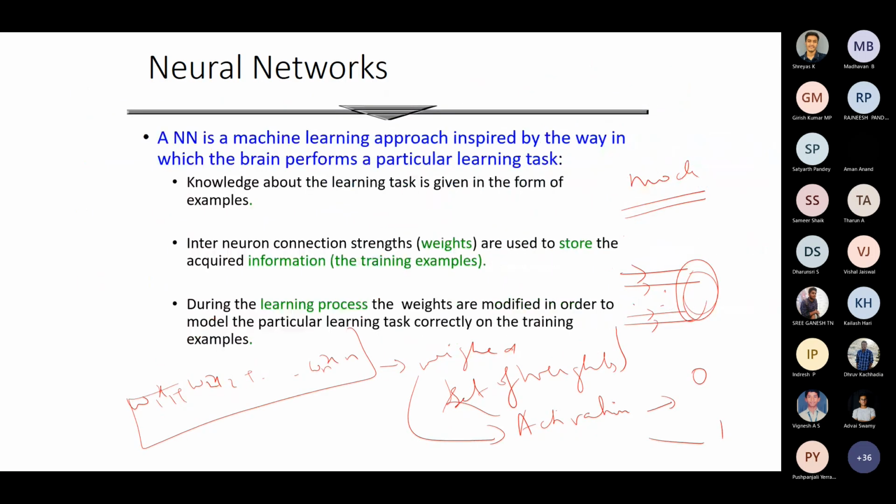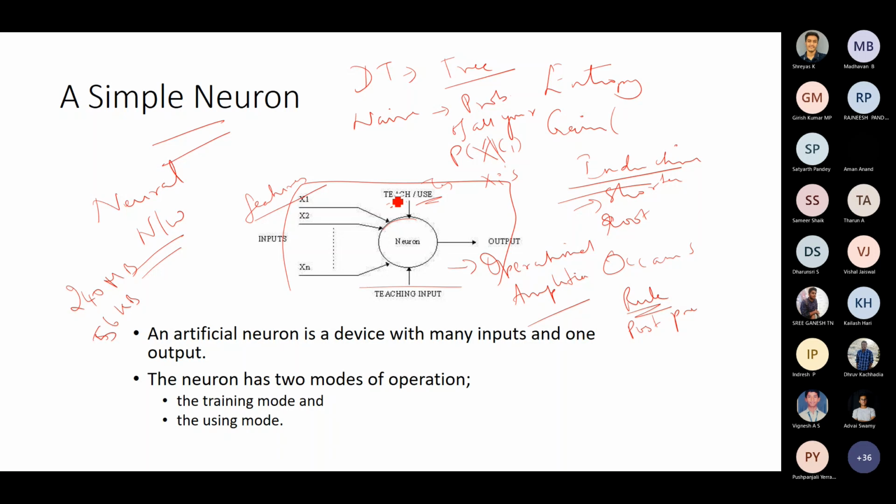So the simple neuron is basically looking like this. It's got a neuron. This is nothing but a sum of products, and you have the weights and the inputs x1, x2, etc., up to xn. As I said, it's got a tall trunk, it's got a branch, it's got bark.